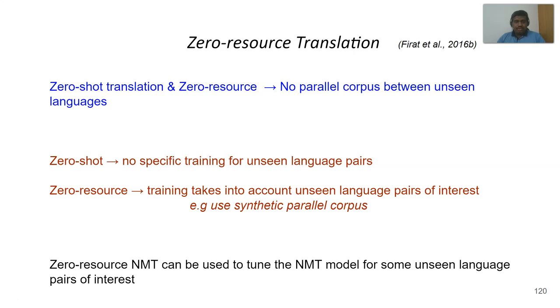However, in the zero resource translation case, there is a subtle difference: the training does take into account unseen language pairs of interest and may do some additional training objectives to cater to that. For example, use synthetic parallel corpus, which we'll discuss on the next slide.